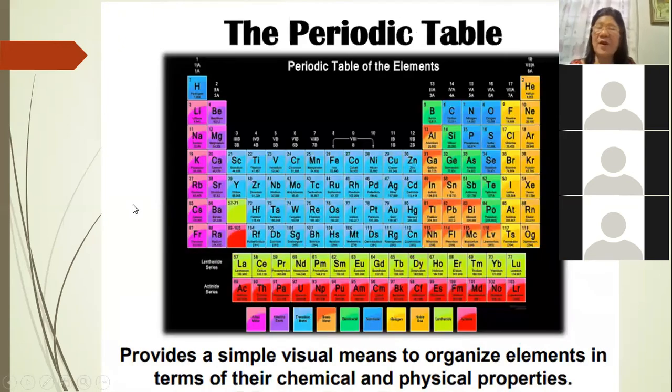As I have said, these are group, or family. Group 1, group 2, group 3, group 4, so on and so forth, or family 1A, 2A, like that.